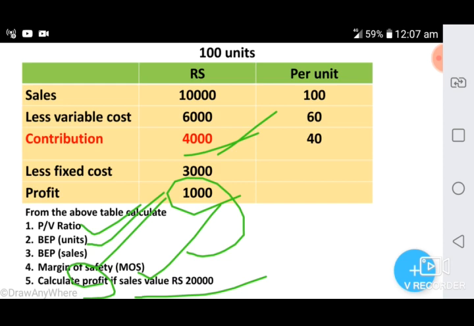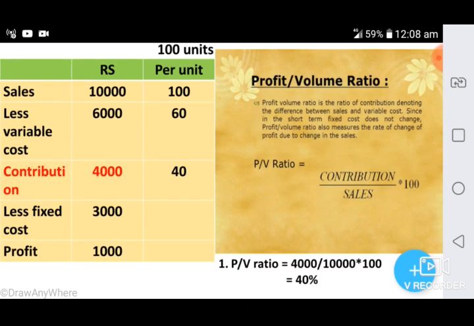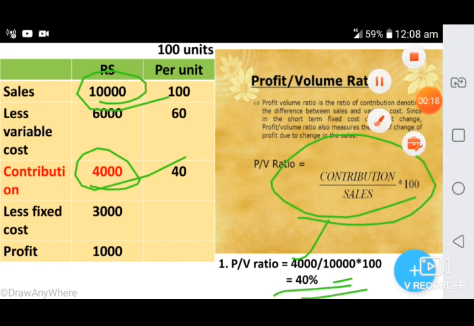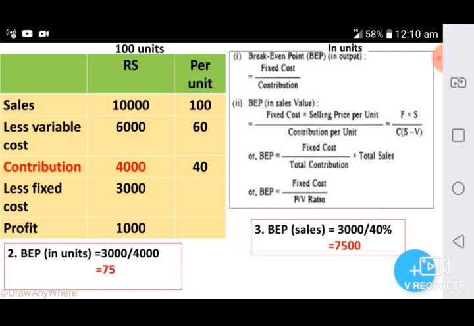The first one, PV ratio. Equation of PV ratio, contribution divided by sales into 100. Here contribution 4,000 divided by sales 10,000 into 100. So PV ratio equals 40%. Then BEP in units.